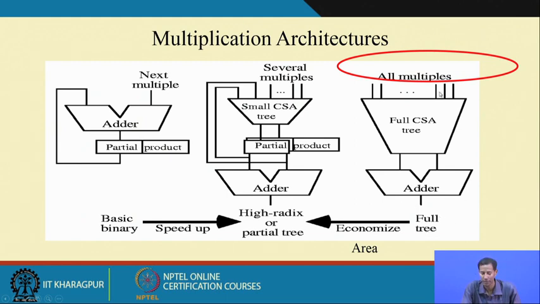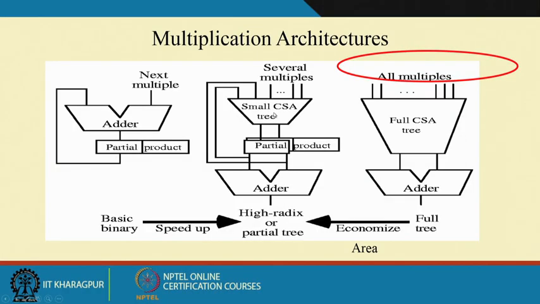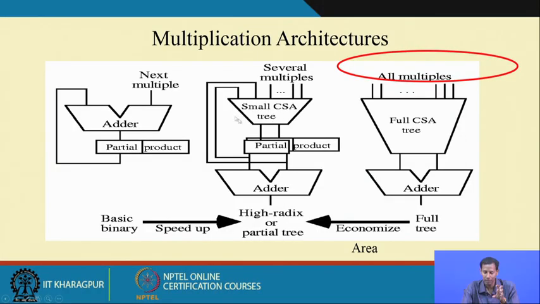This is one method, and then there is another method where I can consider a partial tree. Instead of the whole tree, I consider only a partial tree, calculate some of the carries using carry save adders, use very few of these partial products, and then finally add those in a carry propagate adder.